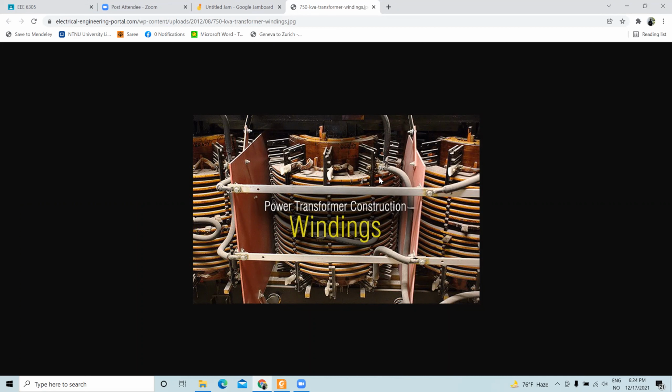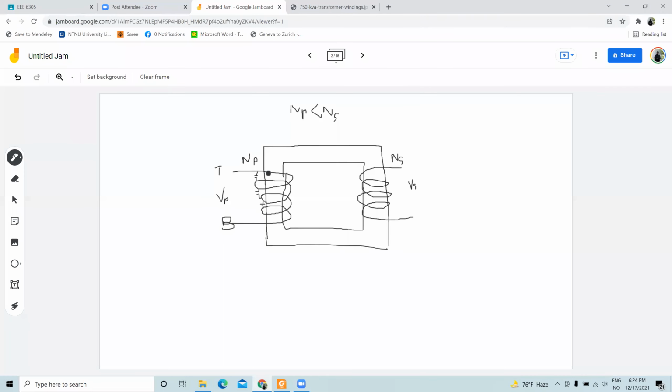In between the windings, you normally have certain insulation to protect them from short circuit. If you do not have any insulation, then the top part and the bottom part will be shorted and the current will flow just through the shorted path, right?